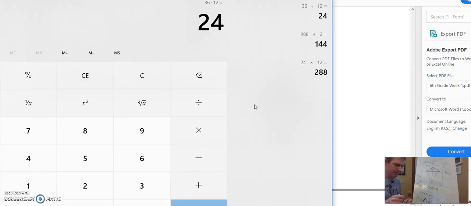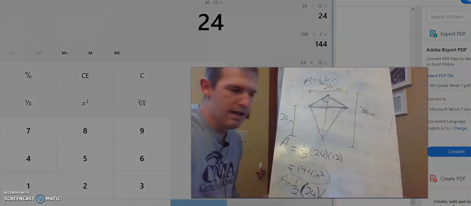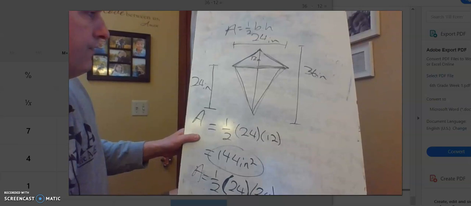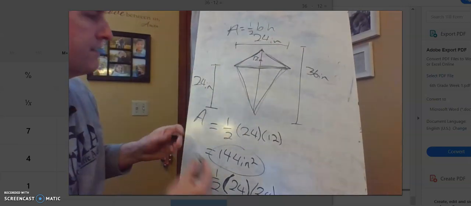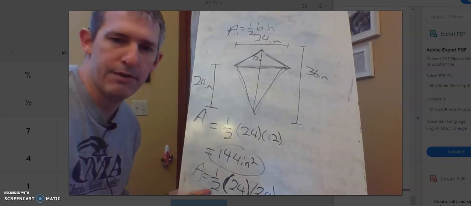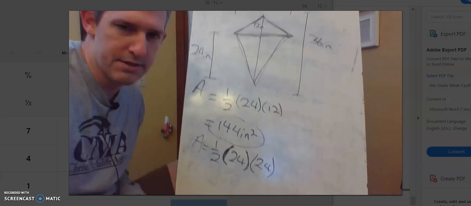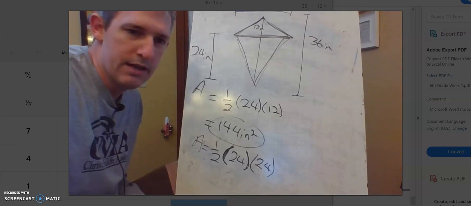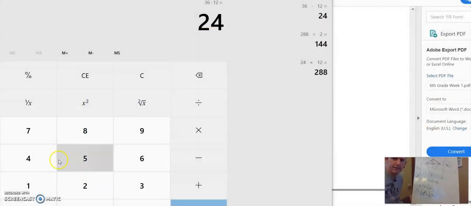Okay? So then I need to take that 24 and multiply it by 24. So we have our base and our height is the same, actually. That's interesting. All right, so we're going to do 24 times 24 and then divide it in half. If you can see what I'm doing there. So 24 times 24 divided in half. So let's take a look at that on a calculator. Oops. All right, 24 times, nope, delete.